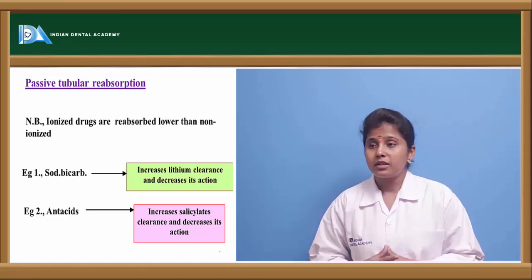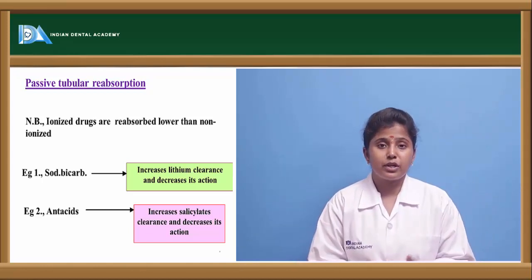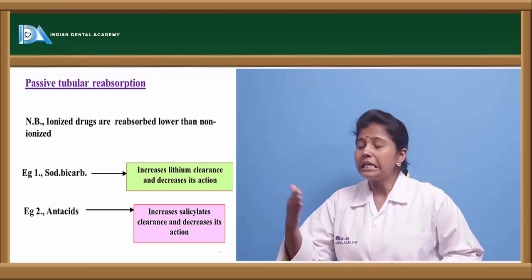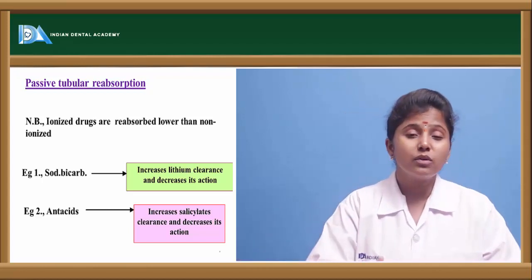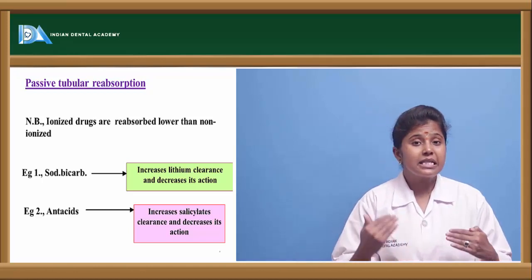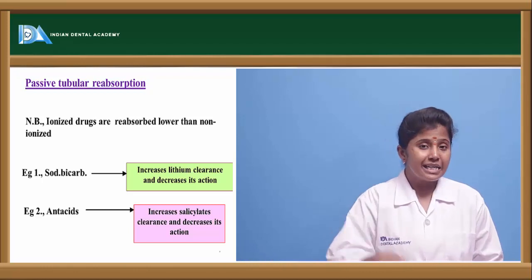Take drugs like lithium: sodium bicarbonate won't allow the lithium to get reabsorbed into the body, or else it increases the elimination of lithium very easily. That leads to the decreased action of lithium. It will eliminate the lithium out of the body, leading to its decreased action.